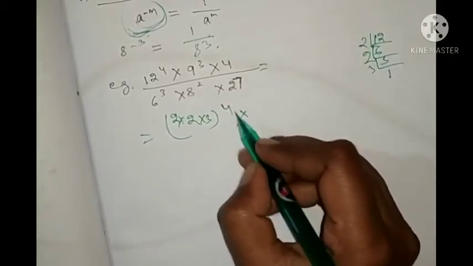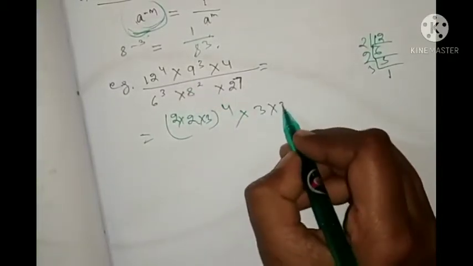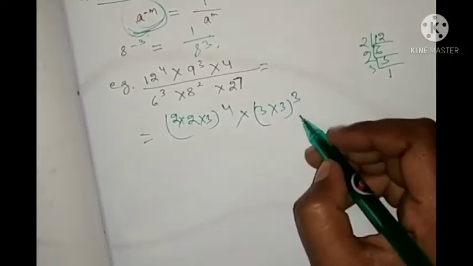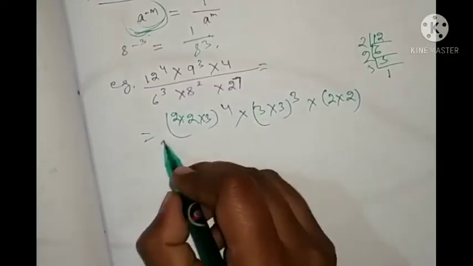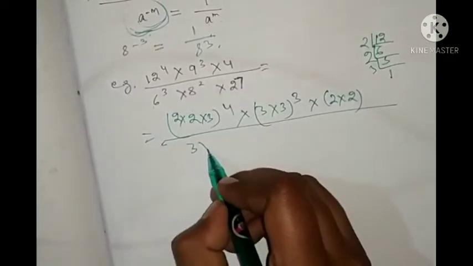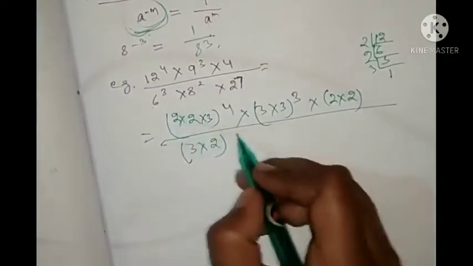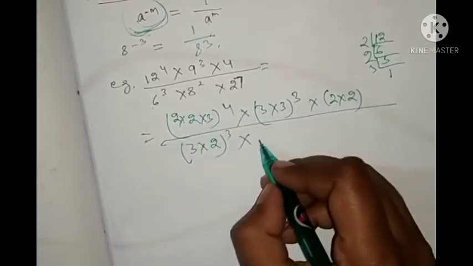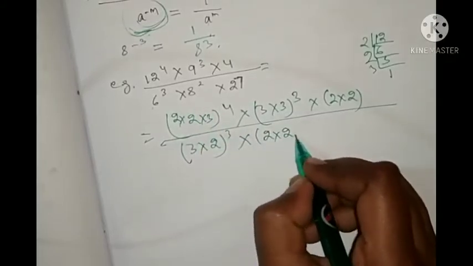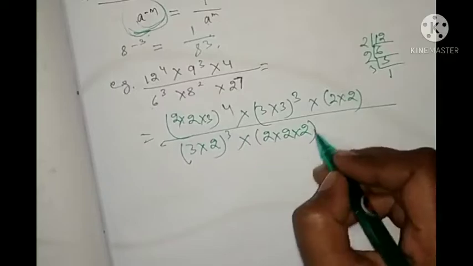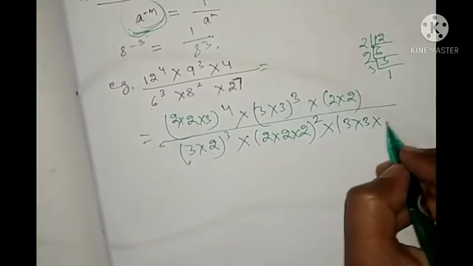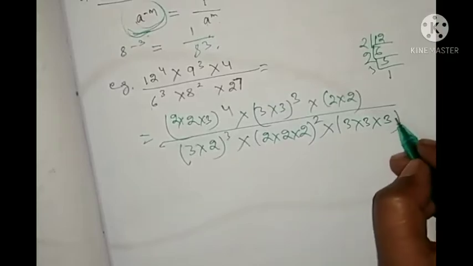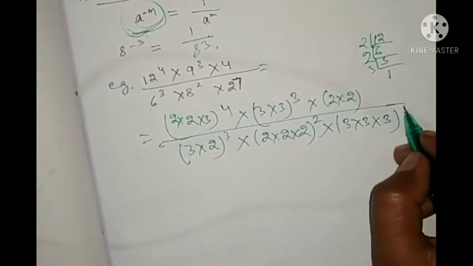Okay. Into 9 is what? 3 into 3 whole to the power 3. And 4 is what? 2 into 2. Next you write 6 means 3 into 2 whole to the power 3. 8 is what? 2 into 2 into 2 whole squared. And 27 is what? 3 into 3 into 3 whole. Okay.